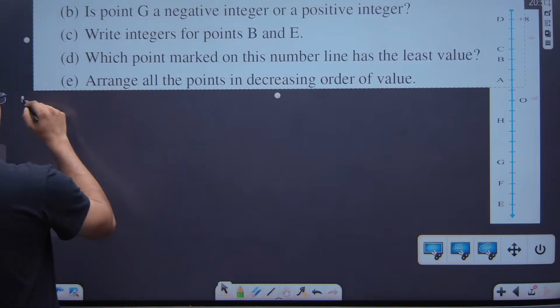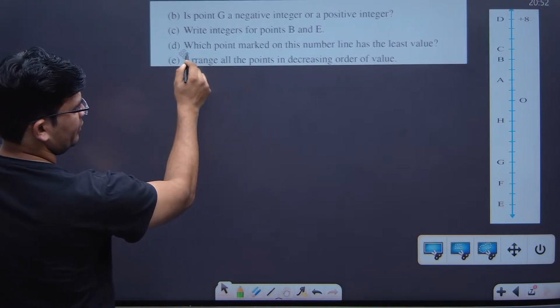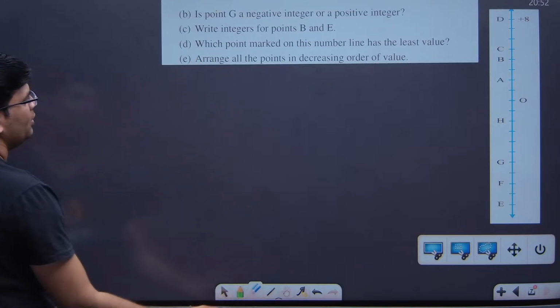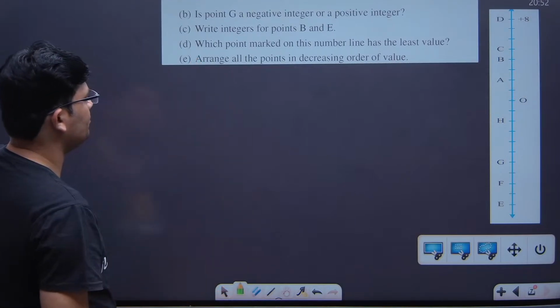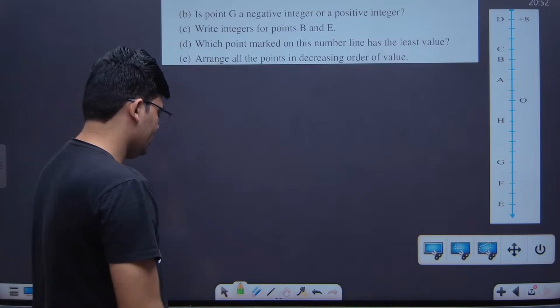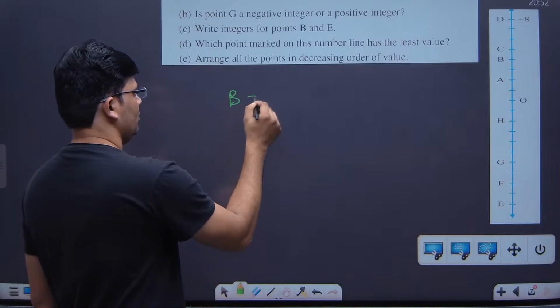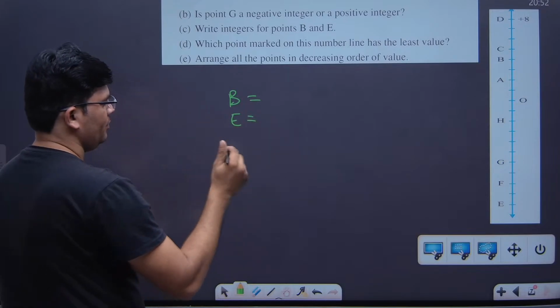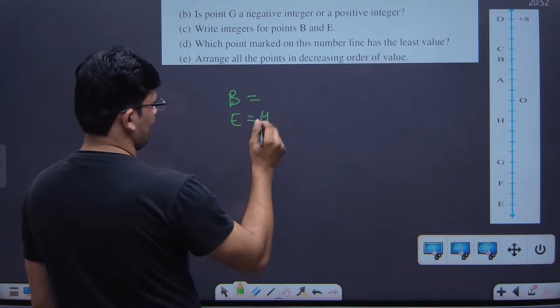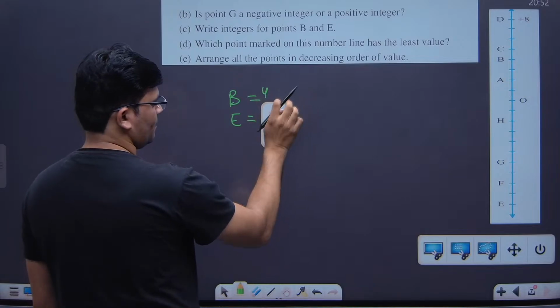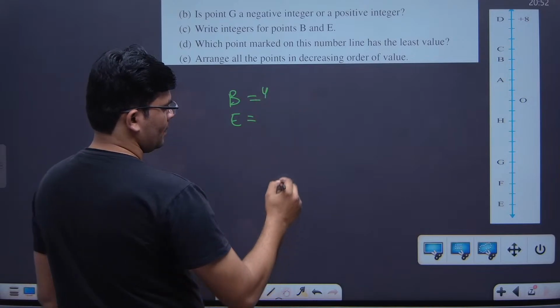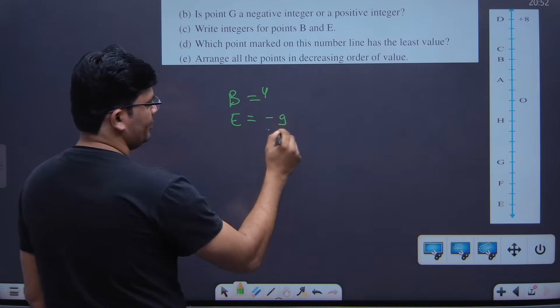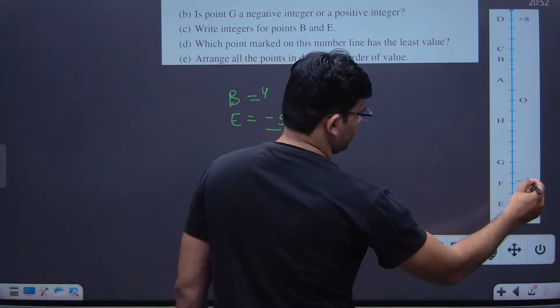It's a negative integer. G is negative? Yes. Write integers for the points B and E. What is B? Tell me. 4. Okay. E is going to be minus 10. Minus 9, dear, because this was negative 8. Sorry, it was negative 10.